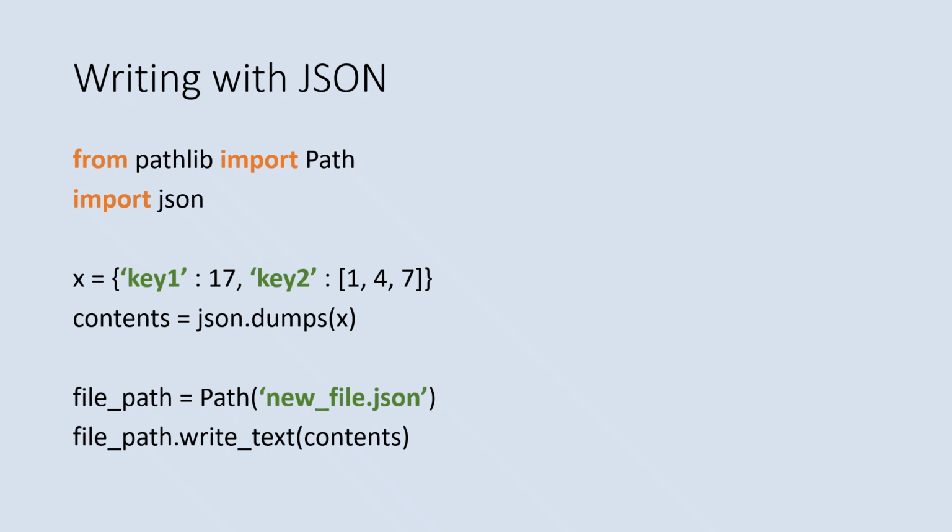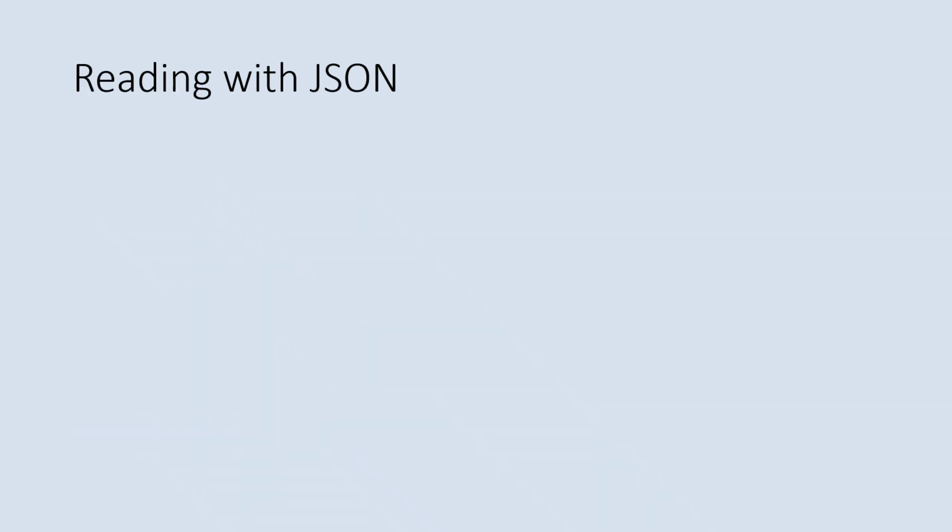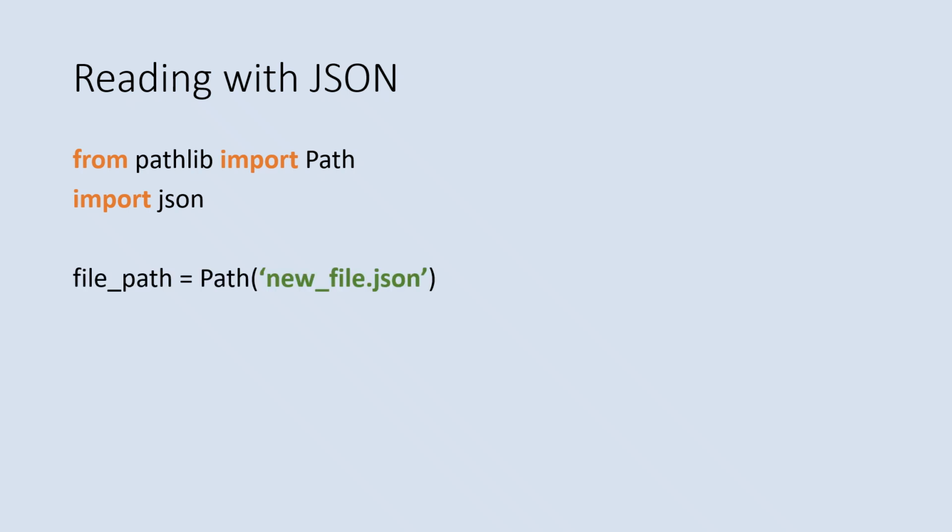Okay, so that is how you would write using JSON files. If you wanted to read, now we have a different file, right? We're going to read this into a different file. We would still need to import our pieces and have our path to the file that we want to open. Now that's the one we just created.